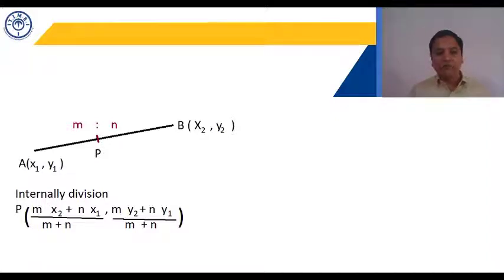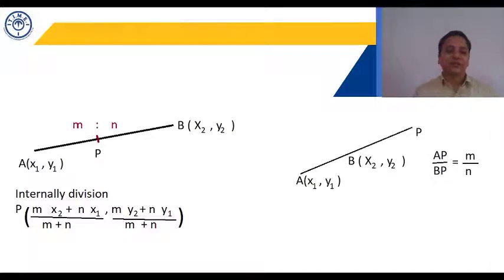I'm repeating once again. Basic formula we have m into x2 plus n into x1 upon m plus n, m into y2 plus n into y1 upon m plus n. Now what happens if point P lies outside AB? It is not in between. Then we say it's an external division.